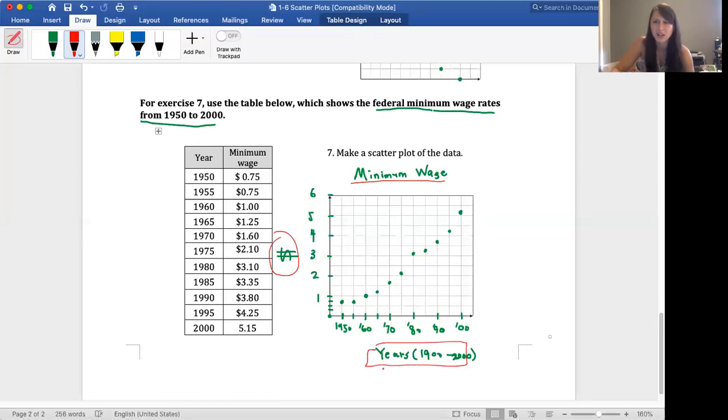So if you're looking at height, then you want to label it inches or centimeters. And then you'll need to label the numbers on your graph. Of course, you don't have to put every single number on there, but I need to know what general pattern each box represents. So you could go up by 10s, you could go up by 5s, you could go up by 2s, you could go up by 1s. But you're going to have to decide how you're going to space that all out on your graph. And then of course, plotting the points where it's relatively correct.